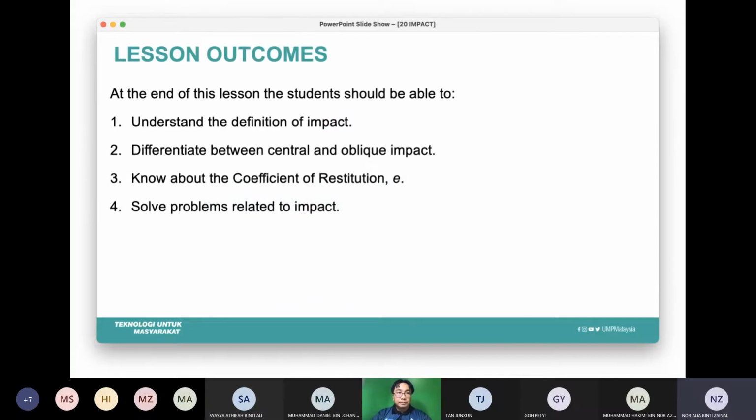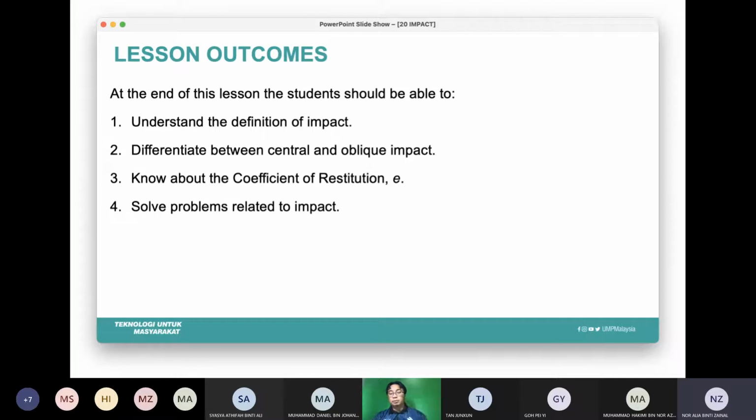The outcomes of today's lesson are for you to understand the definition of impact, what is the meaning of impact, and then you should be able to differentiate between central and oblique impact. Ada dua jenis impact, satu dipanggil central impact, satu lagi ialah oblique impact.